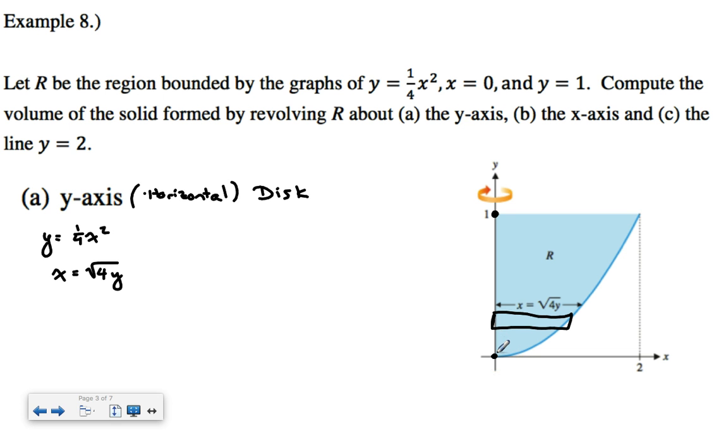And since this is a disk method, I can just say that my volume, just like we did in the last one, just as a little bit of review, is pi times the integral from 0 to 1 of this function squared. So this is my radius function, so it'll be the square root of 4y squared dy.